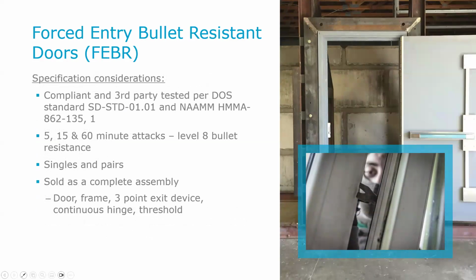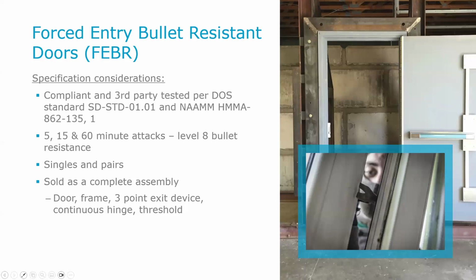So in our industry, we have it all the way up to 60-minute attack resistant, up to a level 8 bullet resistant product. Some of these products in our industry are required as assemblies, or they can be ordered as components.